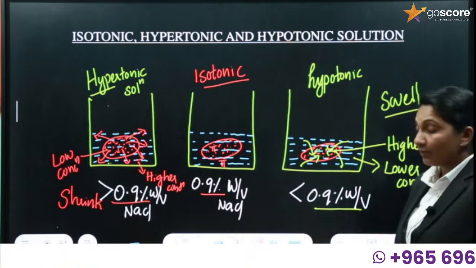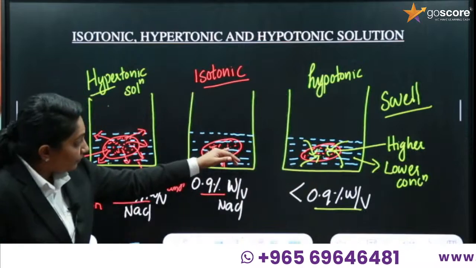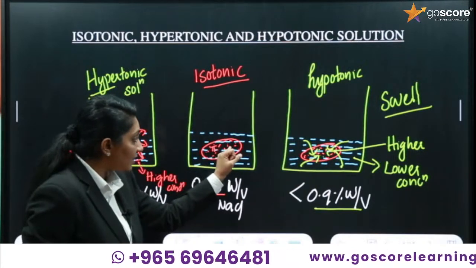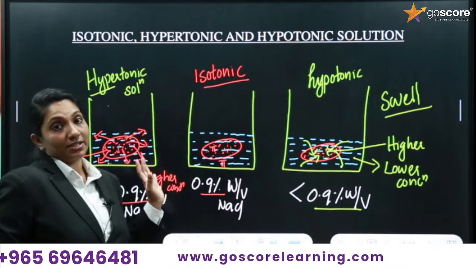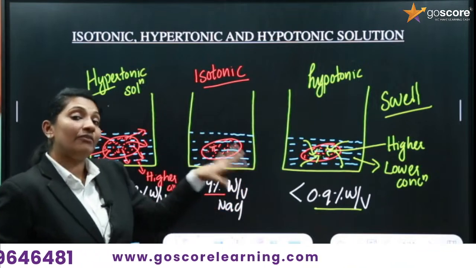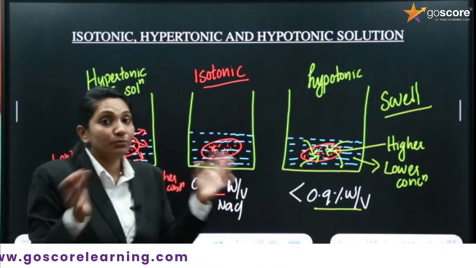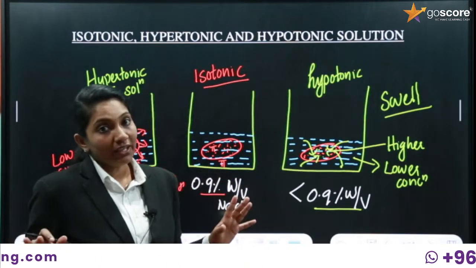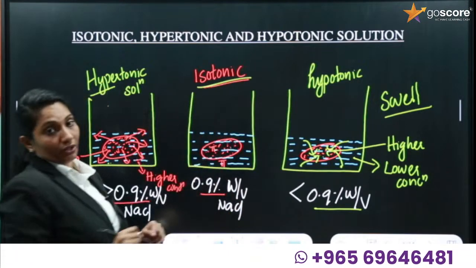So, isotonic means if you are keeping the RBC inside, the osmotic pressure exerted by the body fluid inside the cell is equal to the osmotic pressure exerted by the 0.9 percentage weight by volume sodium chloride solution. Since the two liquids have the same osmotic pressure, there will be no flow of solvent. That type of solution is what we call an isotonic solution.